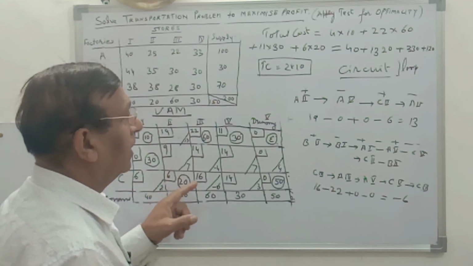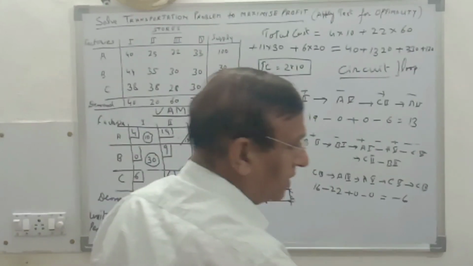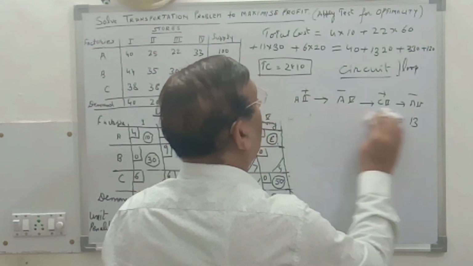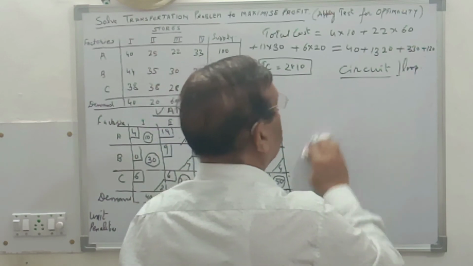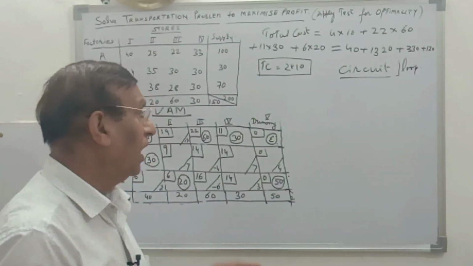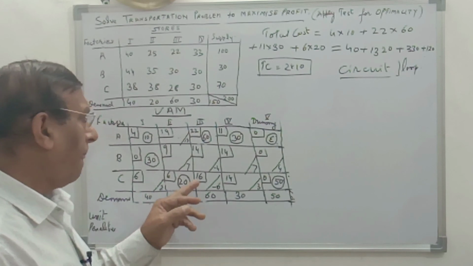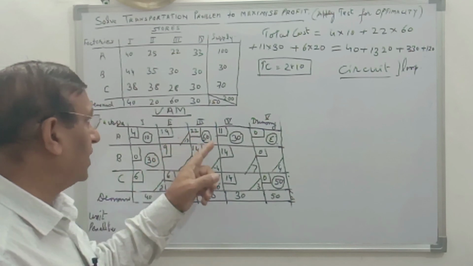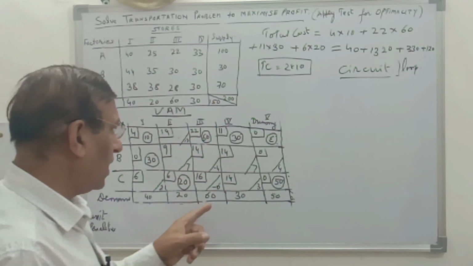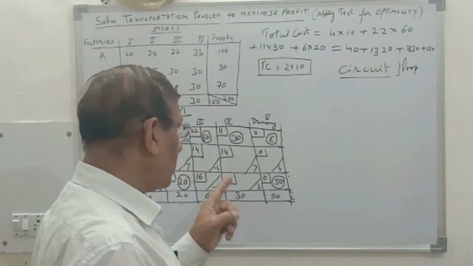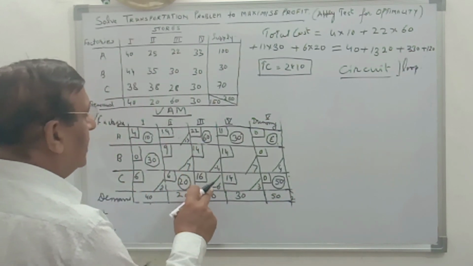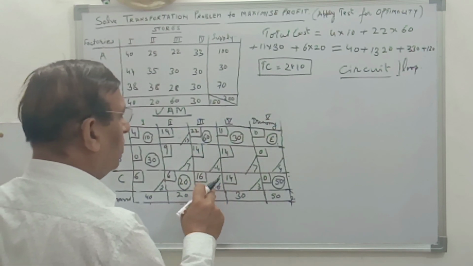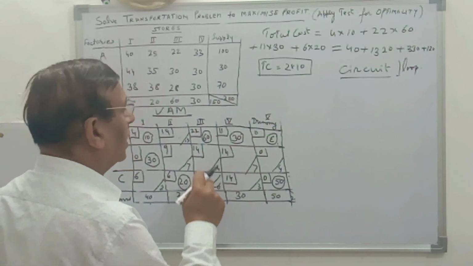Here, there is another method that is known as MODI, Modified Distribution Method. What is our purpose? In order to proceed further, our purpose is to calculate the opportunity cost of all the blank cells where the allocation has not been made, and find out the cell having the most negative opportunity cost. There are only two negative cells, minus 4 and minus 6, so minus 6 is most negative. Here we will draw the circuit.